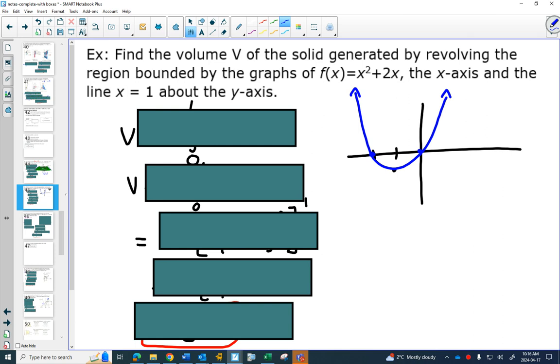We are taking the region bounded by that graph, the line x equals 1, and the x-axis. So the part that is bounded is this section in green.